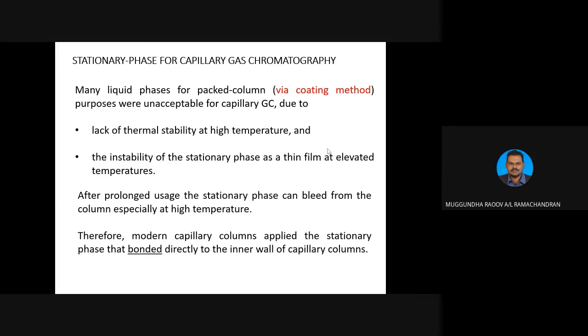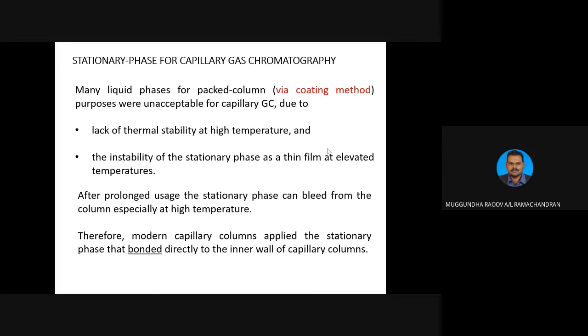Bleed means the stationary phase can come out from the column. Therefore, in a modern capillary column, the stationary phase is bonded directly to the inner wall of the capillary column, so that we can prevent the bleeding of the stationary phase.